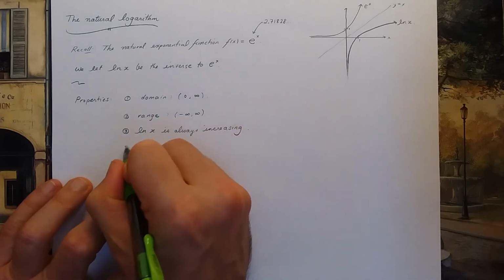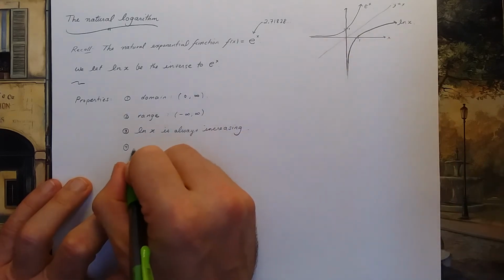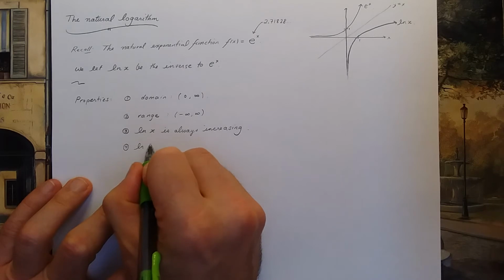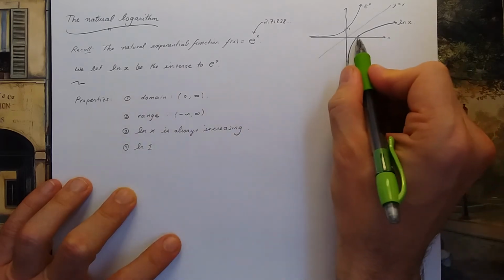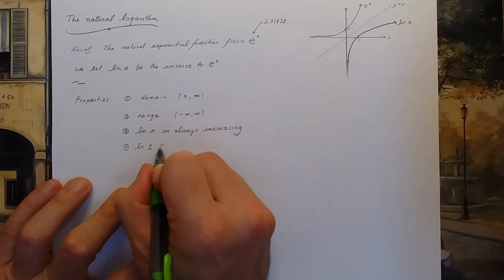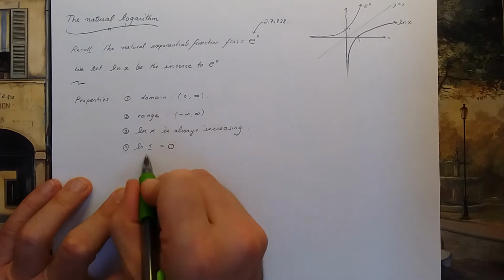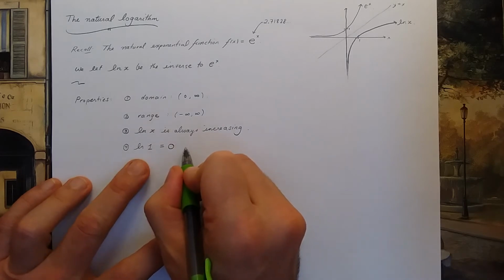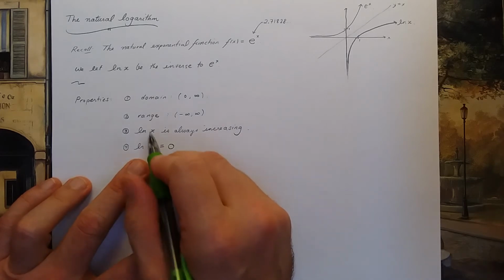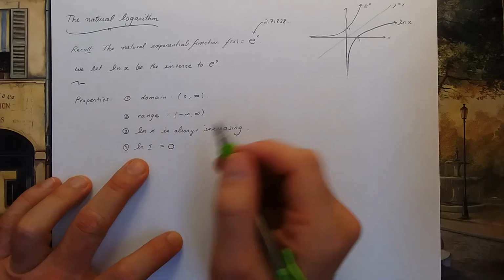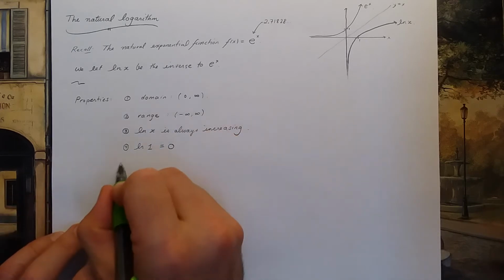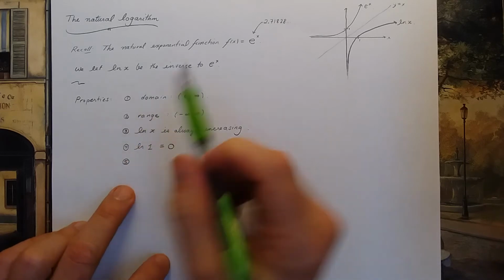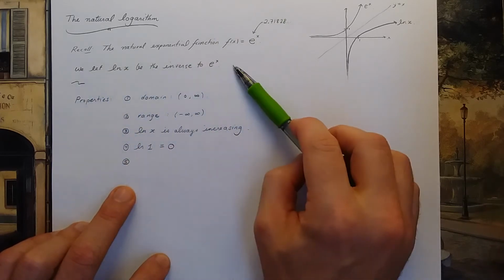Another property that you can get right away from the picture is log of 1. If I plug in 1 here, I get out 0. So the only 0 of the logarithm function, log x, is at x equals 1. And then lastly, I'm going to write down this property that comes straight from what we define it to be.